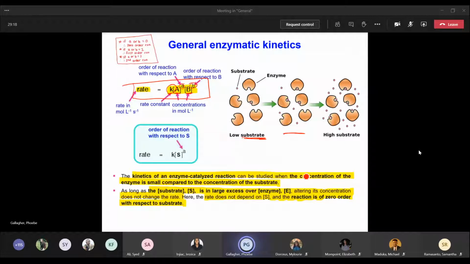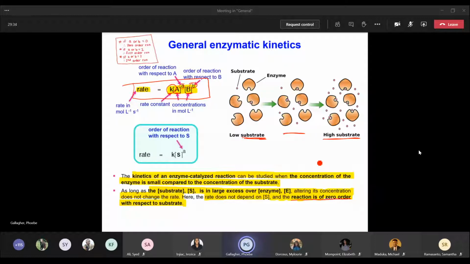Additionally, when you get too much substrate, at some point you're going to increase the substrate so much that it's going to saturate the enzyme, and at that point you're going to have your 0 order reaction because the velocity is not going to change with an increase in concentration.